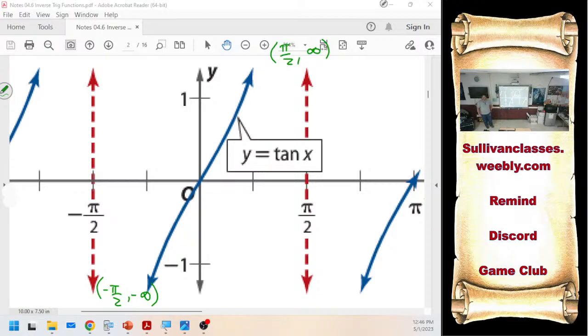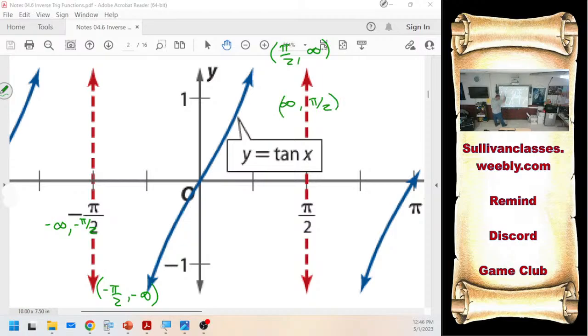So swap your x's and y's. We're going to get a graph that now goes negative infinity, -pi/2, all the way up to infinity, pi/2.